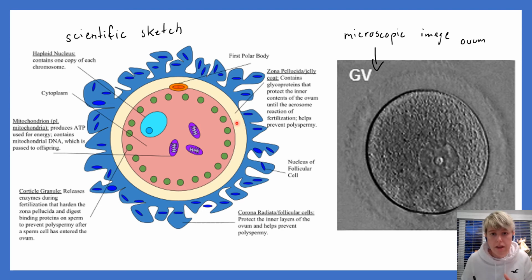Around the ovum we have our zona pellucida, which has a lot of enzymes here, and our cortical granules that prevent multiple fertilizations from the sperm. Because again, if there's too much genetic information, the fertilization process cannot happen.